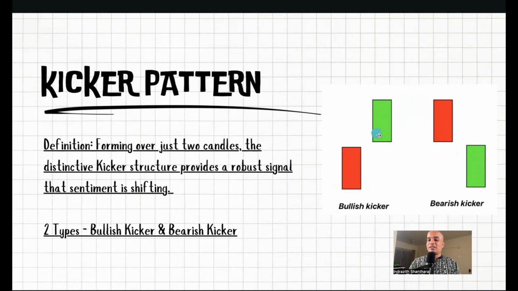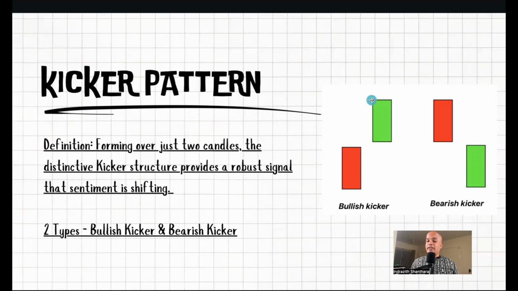It looks like this. This is the bullish kicker, this is the bearish kicker. See, the price is in a downtrend, okay? Price opened here, price closed here, so this is the close. Next day, the price will not open here. The price opens near or above the high of the previous bearish candle, and it closes very high.